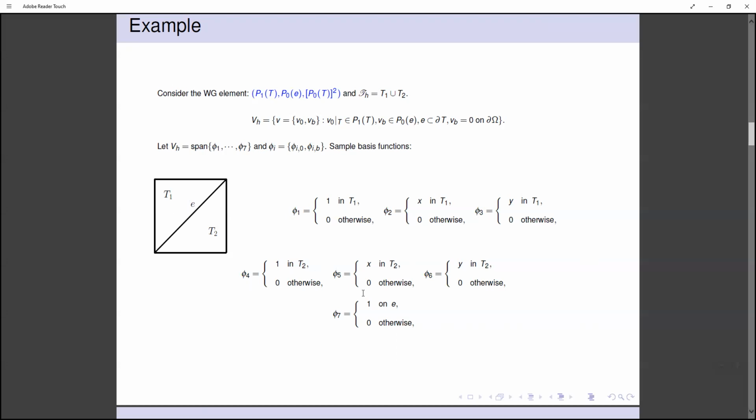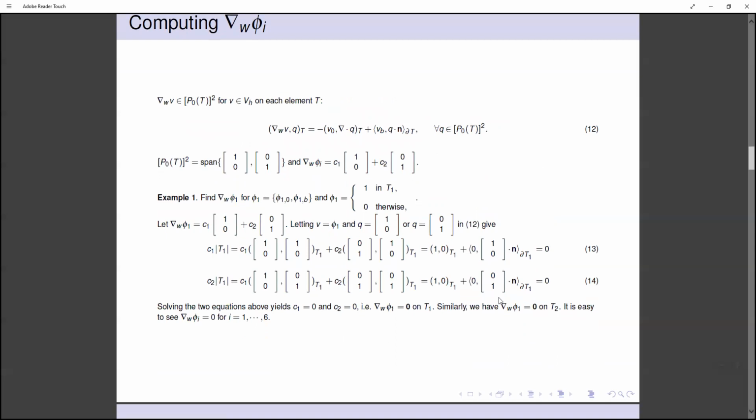Similarly, we have phi4, 5, 6, which are associated with V0 on T2, non-zero on T2, and 0 at the other points. Finally, we have phi7. Phi7 is equal to 1 on E and 0 otherwise. I'd like to point out all those basis functions are defined on the whole unit square. For example, phi7 is defined on the whole unit square, but is only non-zero on E and equal to 0 otherwise.